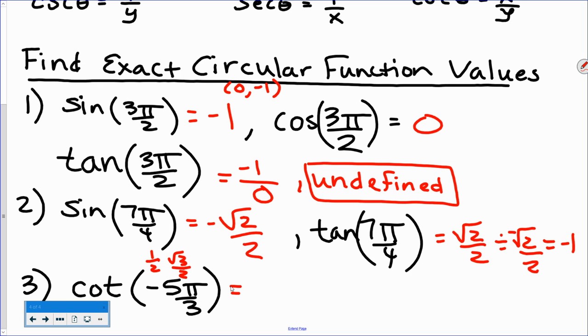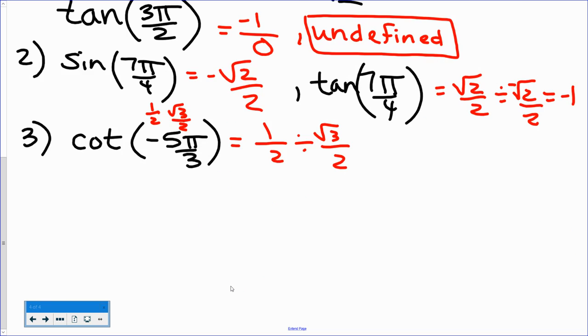Sorry, I was just going back and trying to remember. So I need to take the x-coordinate, divide it by the y-coordinate. I wrote it as your elementary looking division problem so that I can turn this into multiplying by the reciprocal.